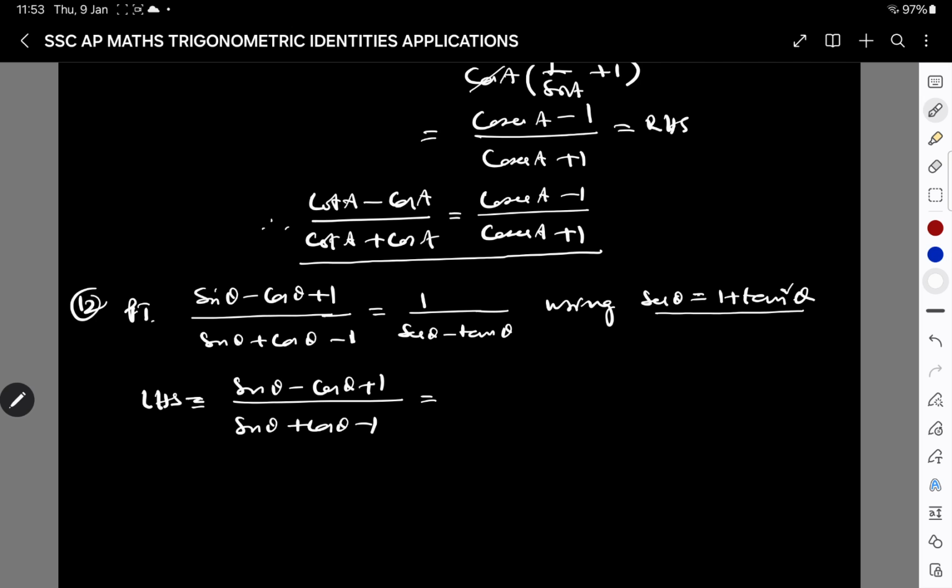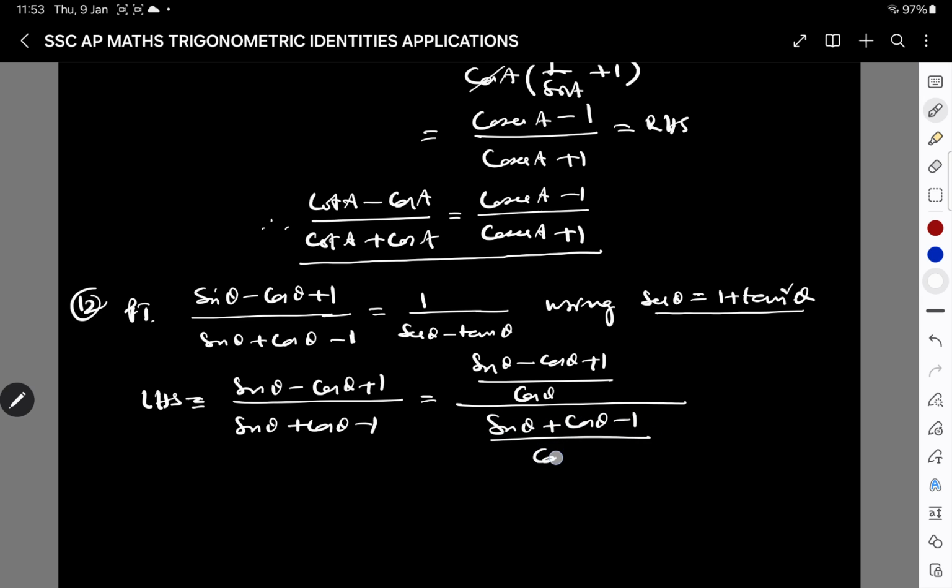If I want to get tan theta, I need to divide both numerator and denominator by cos theta. It is easy if I write sin theta minus cos theta plus 1 by cos theta. I am dividing numerator and denominator by the same cos theta, so there is no change in value.